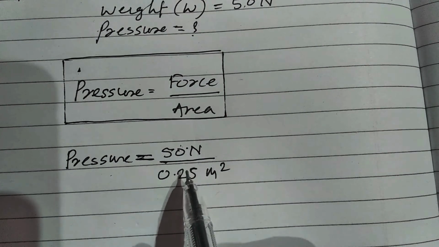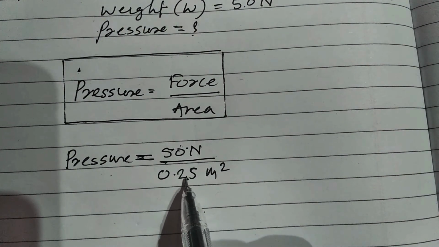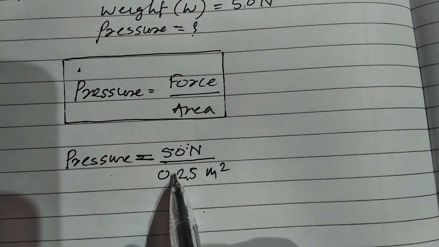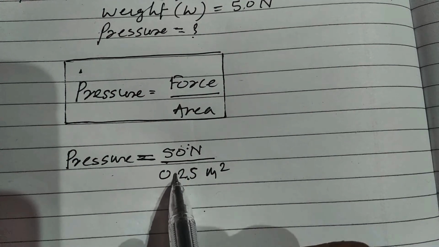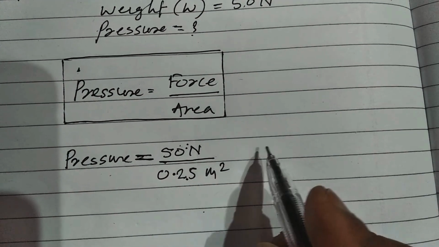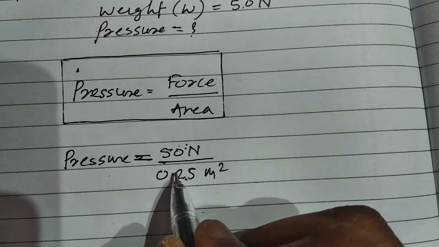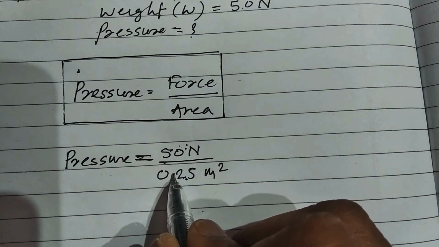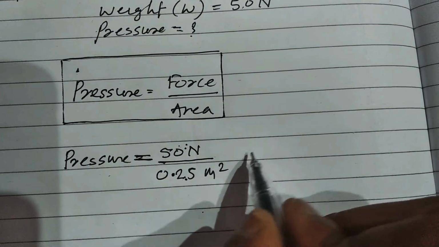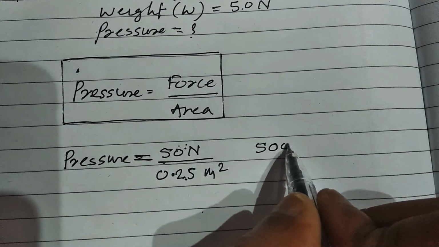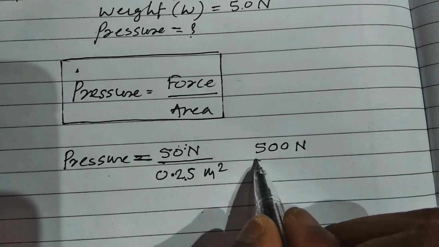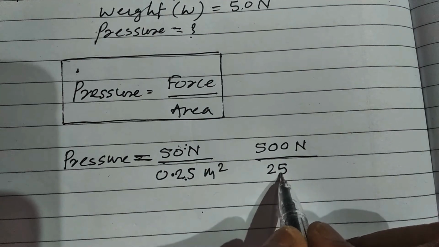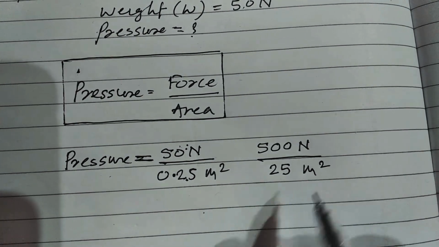For my convenience, it is easy to convert this fractional number into an integer by shifting the decimal point. So when I move this decimal point, the numerator becomes 500 Newton, and the denominator becomes the integer 25 square meter.